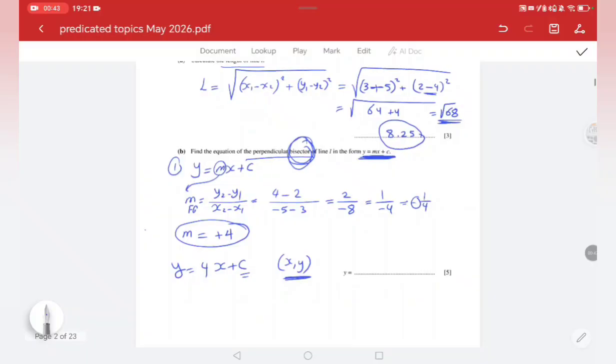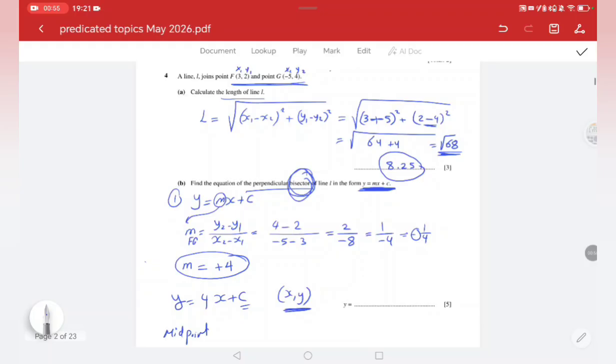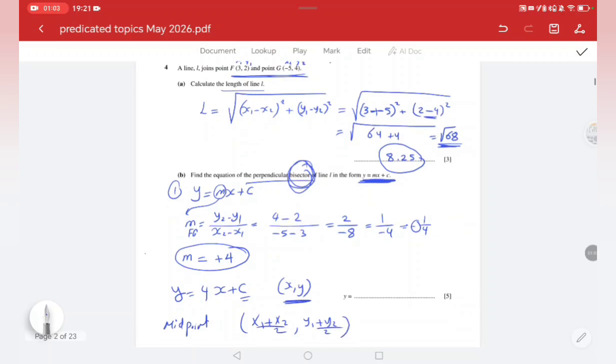So in this case, we have to find the midpoint of those 2 points. It will be x1 plus x2 over 2, y1 plus y2 over 2.